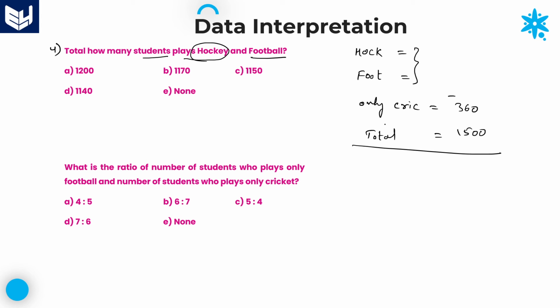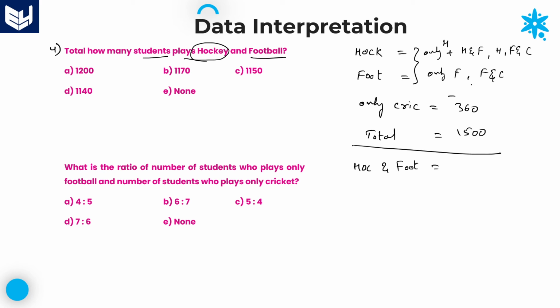He is not asking us to calculate both together. He is asking how many members are playing hockey as well as football, so you could take only hockey, hockey and football, hockey, football and cricket, only football, and football and cricket. All these combinations you just take.